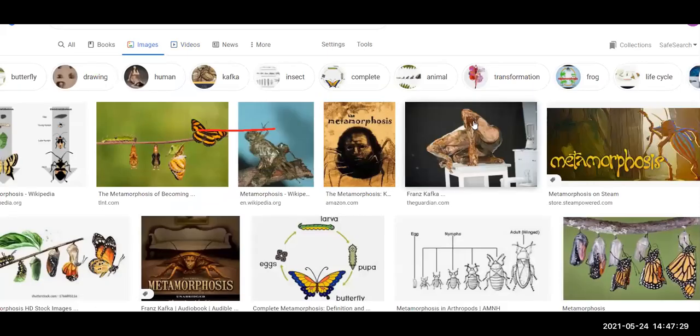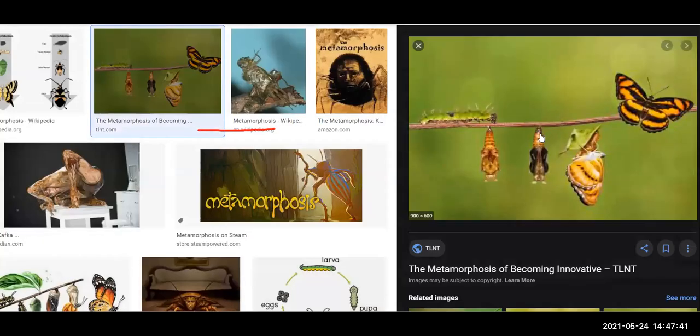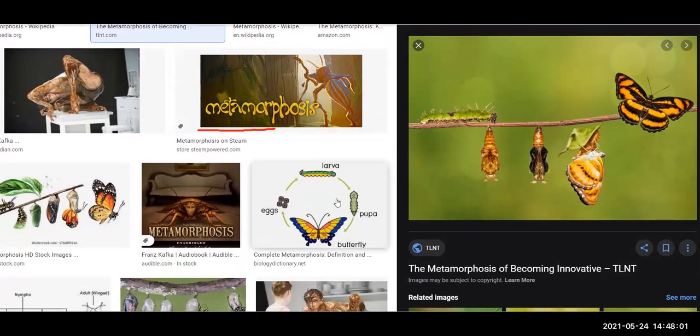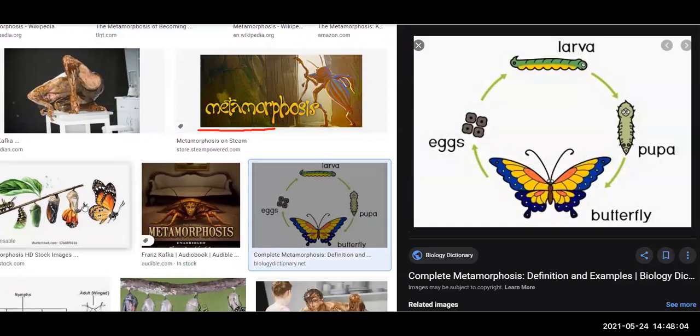Okay, when we say metamorphosis, these animals transform from an immature form to an adult form, just like this butterfly. First off, they go from caterpillar, then they transform to another stage, which is the pupa. Then they go to butterfly, and some others like larva, pupa.